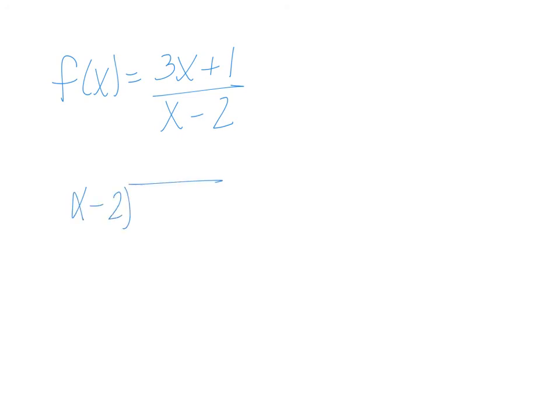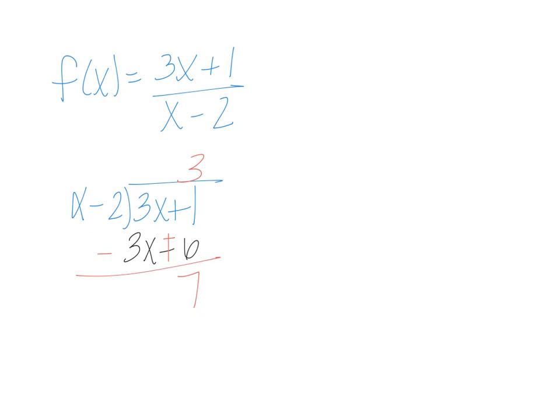If we don't like that form, f of x equals 3x plus 1 over x minus 2, we can actually divide to put it into the a over x minus h plus k form. So I can do that by taking x minus 2 goes into 3x plus 1. x goes into 3x 3 times. 3 times x minus 2, remember we multiply both, 3x minus 6, and we subtract, so that becomes plus, and we get 7.